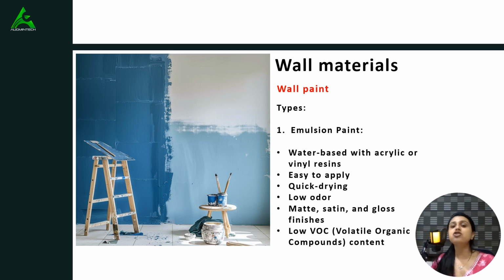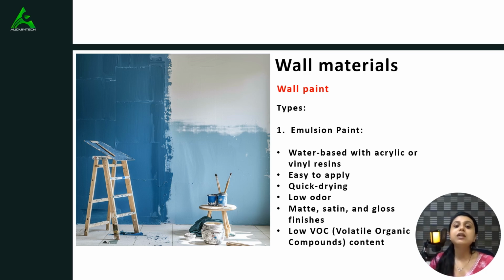Now, matte finish is when you want to keep it non-reflective. Gloss finish is if you want the surface to be a little reflective. And satin finish is somewhere in the middle, we also call it velvet finish. Now that's something where you can see some reflection, but it's very less. So that's the middle part.